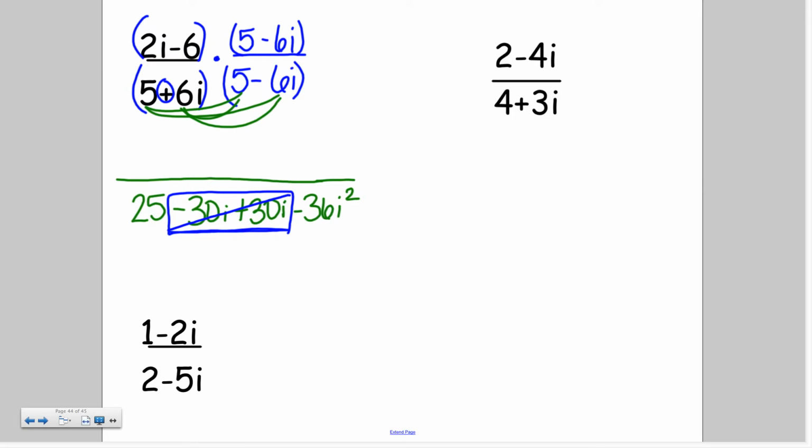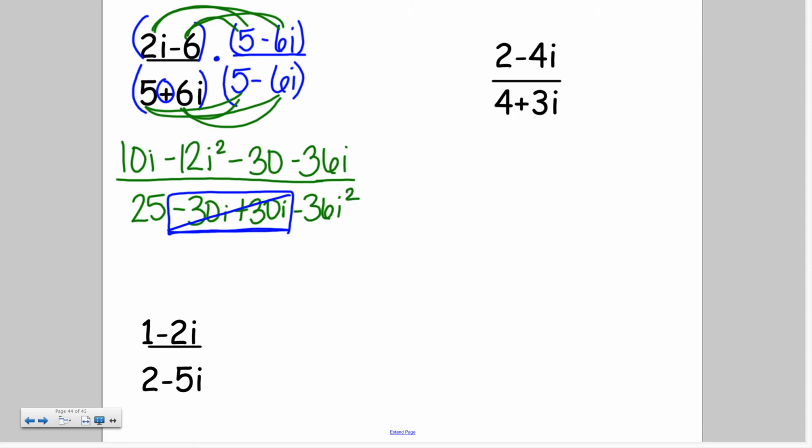Now I'm going to do the same thing with the top. So 2i times 5 is 10i. 2i times negative 6i is negative 12i squared. Negative 6 times 5 is negative 30. And then negative 6 times 6i is negative 36i. Now, you won't always have something on the top that's going to cancel out.